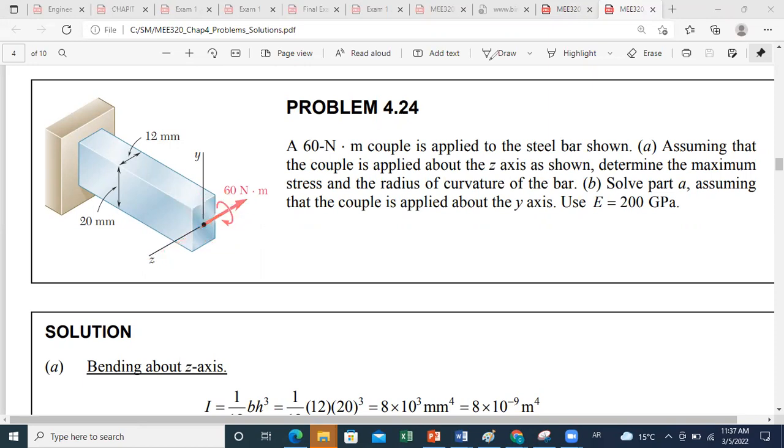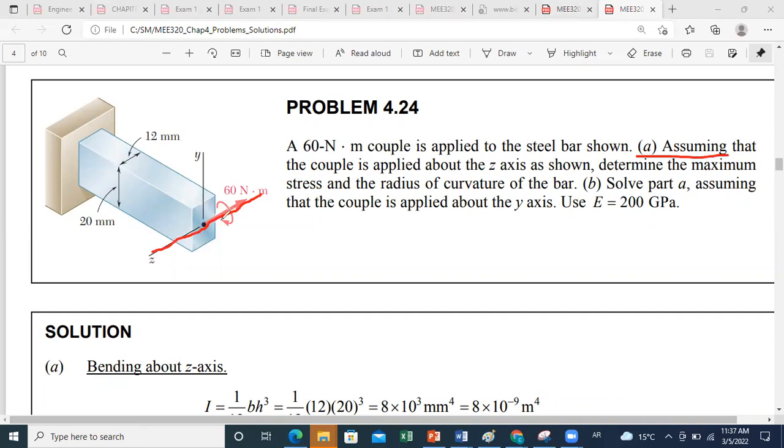Now, in the first part, in part A, we are considering that the couple is along z direction. And the neutral axis is always along the direction of the moment vector. So in the first scenario, the moment vector is along z.